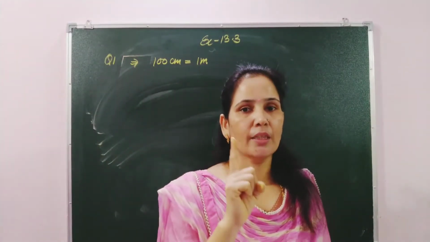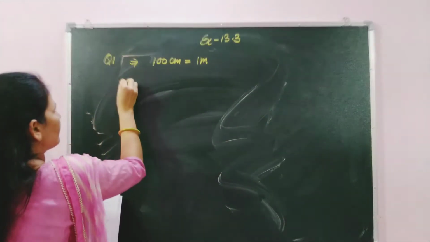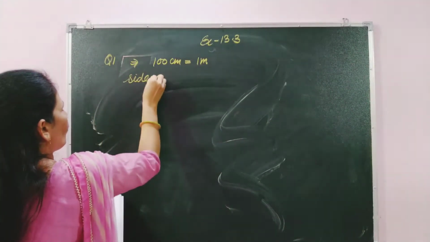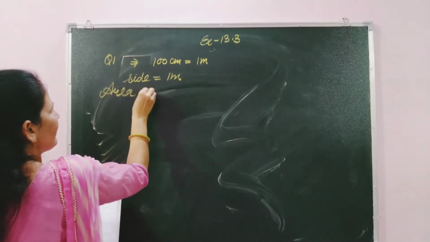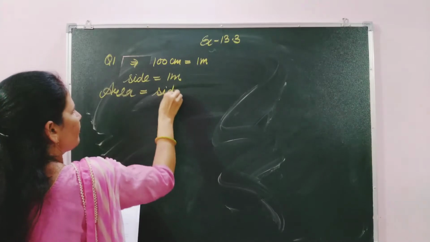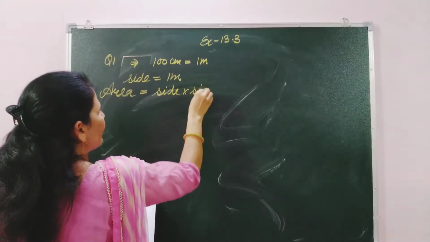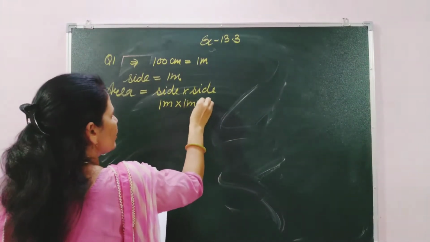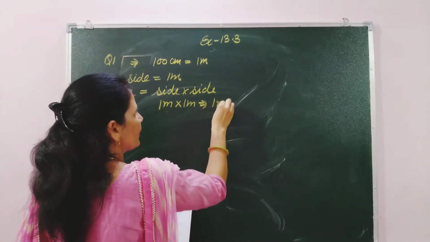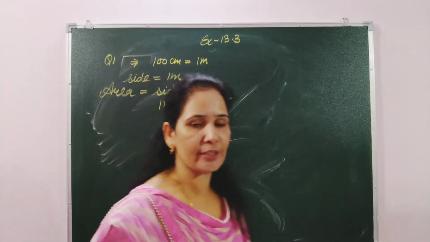Okay, 100 centimeter make 1 meter. And if the side of square is 1 meter, then area of square is side multiply by side. So here we can write 1 meter multiply by 1 meter, 1 into 1 is 1 meter square.